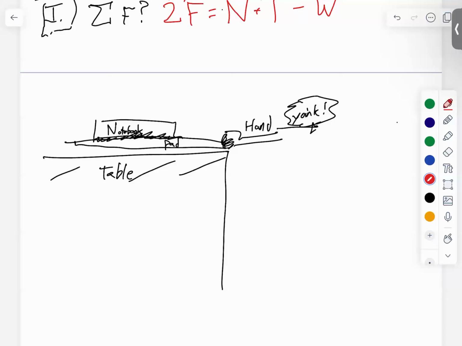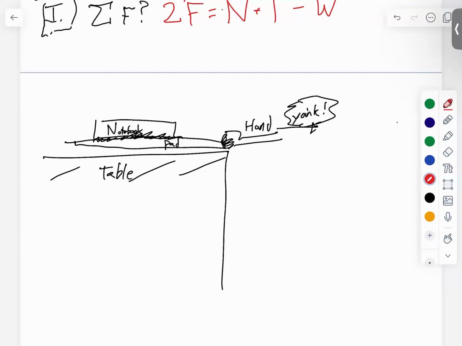My hand is going to exert a sideways big force on the pad. Hand on pad is going to be to the right from your perspective. There is a notebook on top. I want you to reason about what force acts on what. Our goal is to write the total force on the pad in both the vertical and horizontal directions.